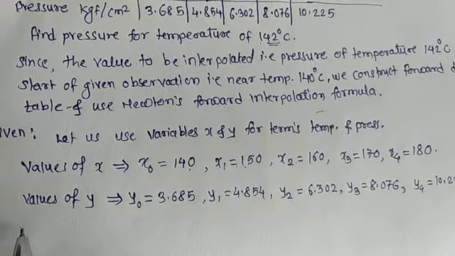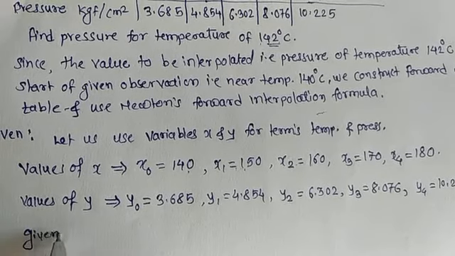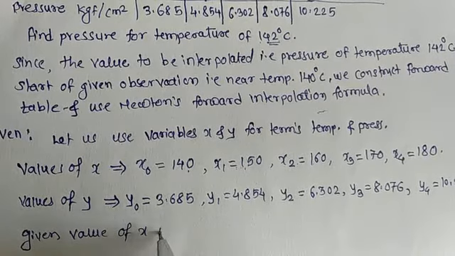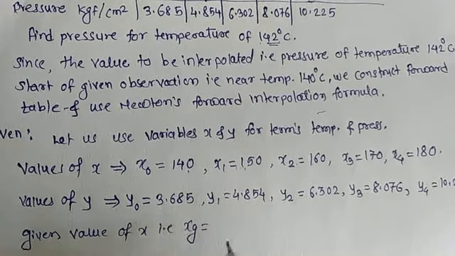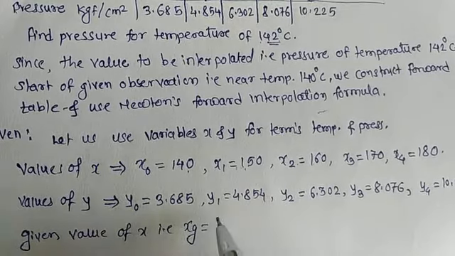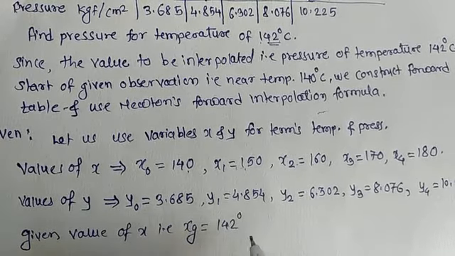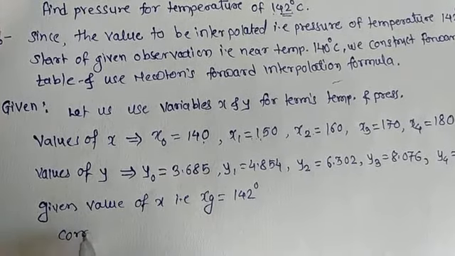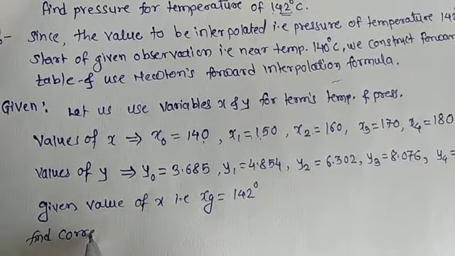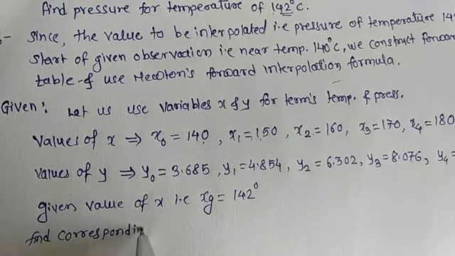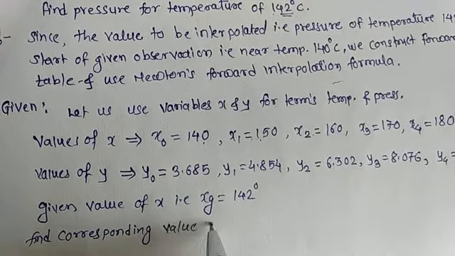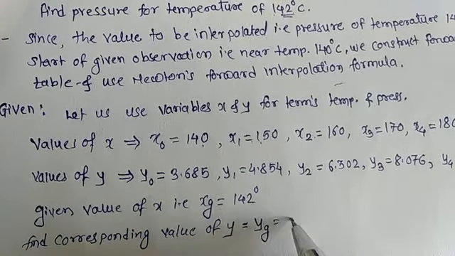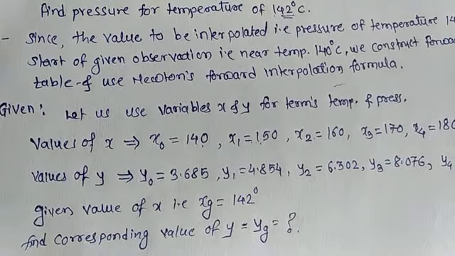Now we are also given a value of x, which we define as xg, equal to 142 degrees Celsius, and we have to find the corresponding value of y, which is yg.